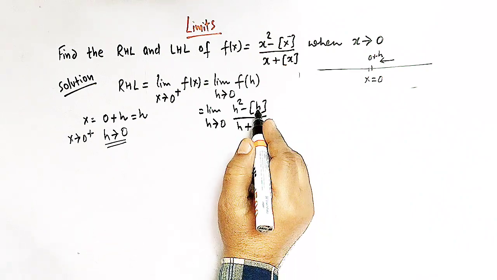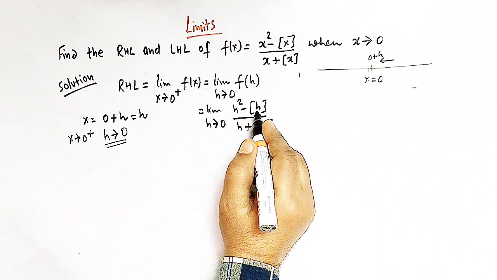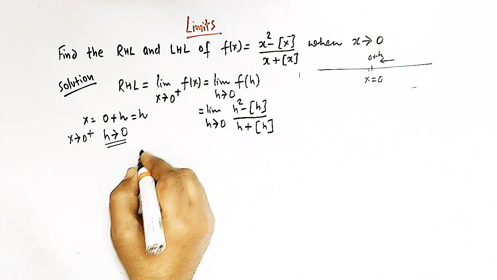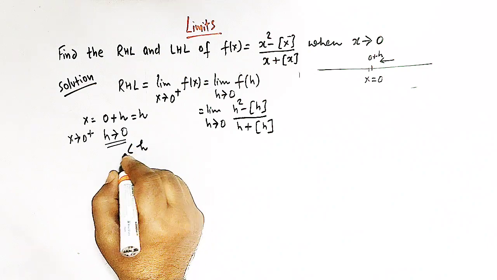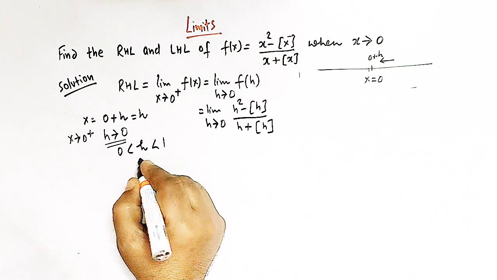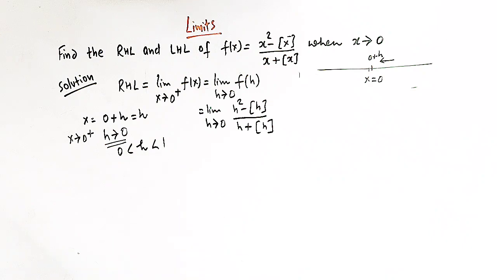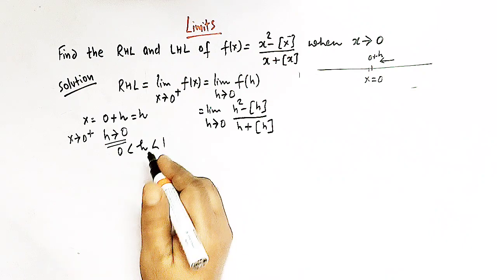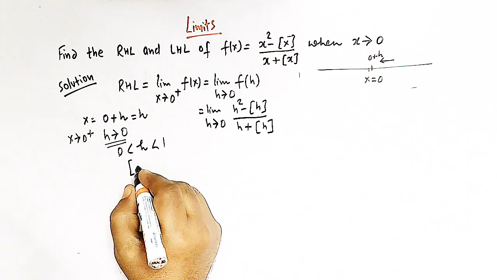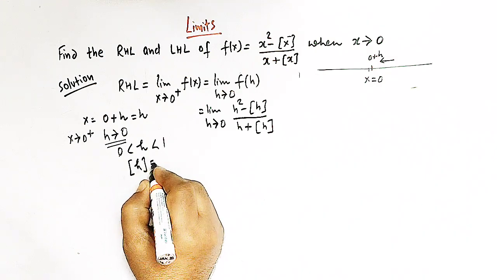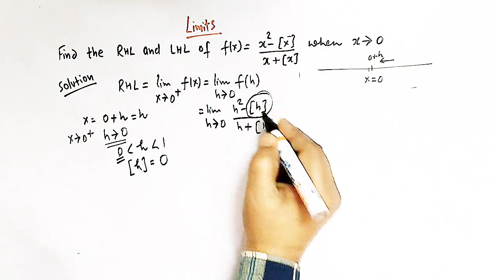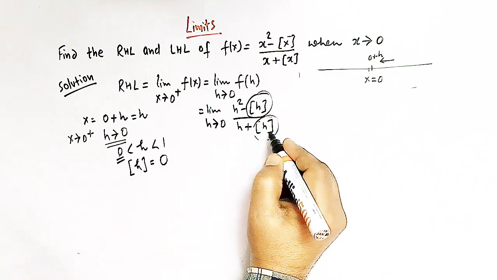Now see, here we have greatest integer of h, and this quantity h is infinitesimally very small, and it lies between 0 and 1. Here this h is very small, right? So h lies between 0 and 1, so the greatest integer of h should be equal to 0. So here we have 0, and here also we have 0, right?